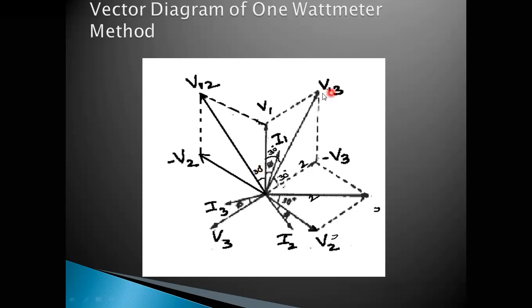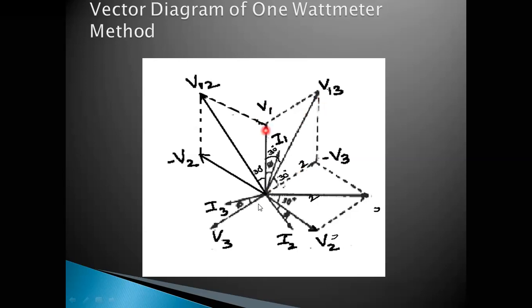First, to draw V13, V13 is nothing but V1 minus V3. Here is V1, there is V3. If this is plus V3, 180 degrees to this V3 will be minus V3. If I take the resultant of these two, I'll be getting V13.